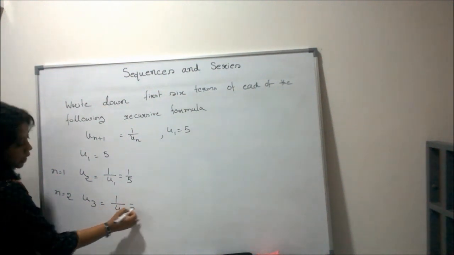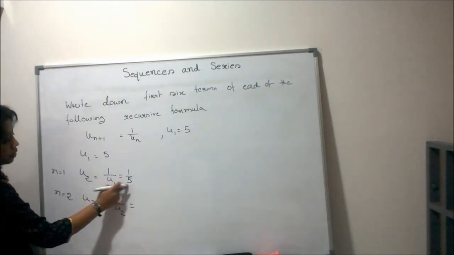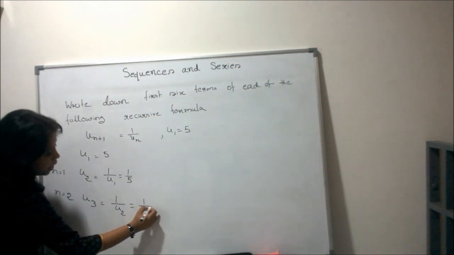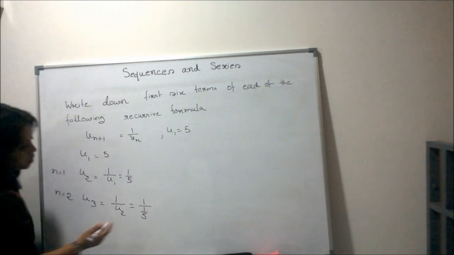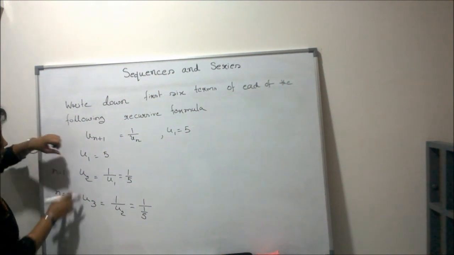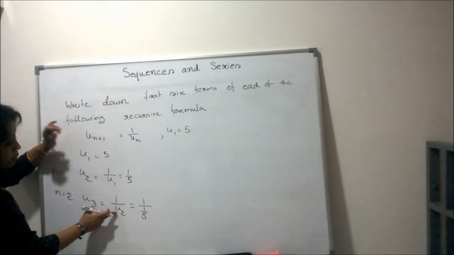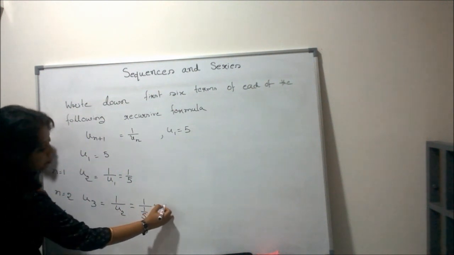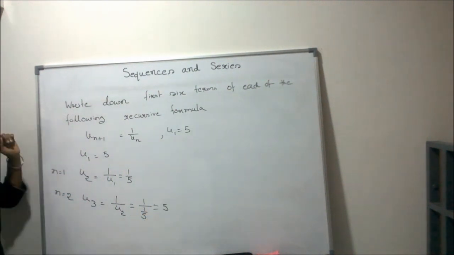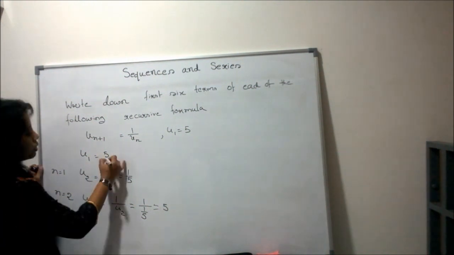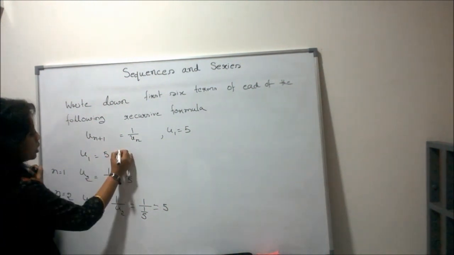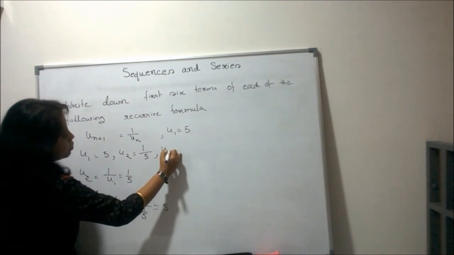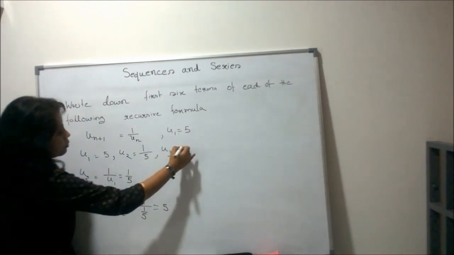You have found u2 is 1 by 5, so in place of u2 you put 1 by 5. So that becomes 5. Hope you understand. u1 is given as 5, u2 is 1 by 5, and u3 is again 5.